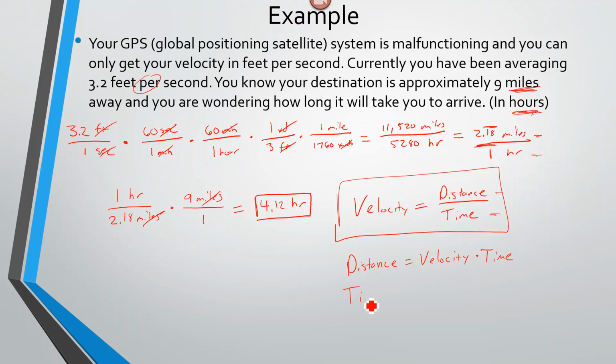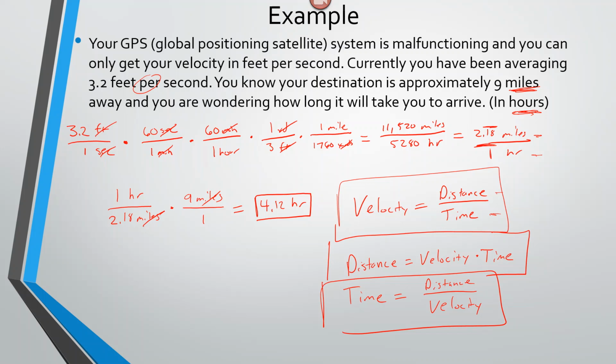So time, and you just divide both sides, of course, equals distance divided by velocity. If you don't know how to get these different formulas, then you probably want to go back and look at your algebra and how you can get these different formulas.